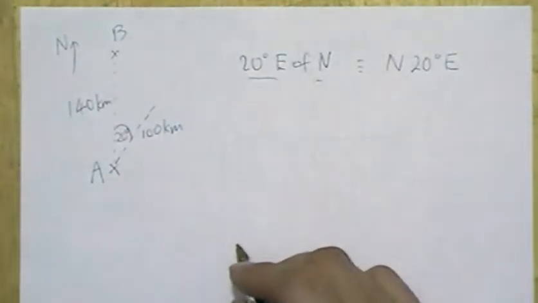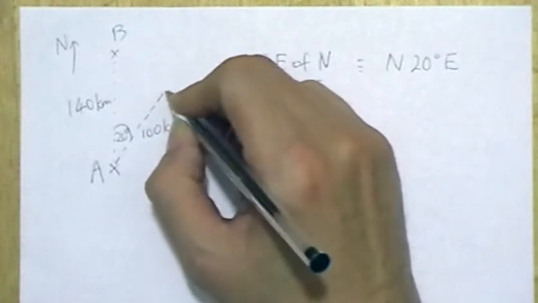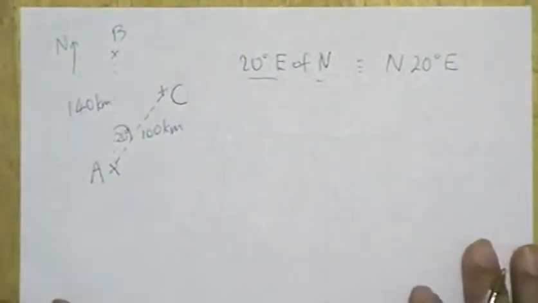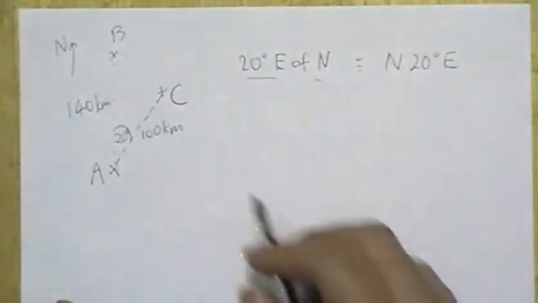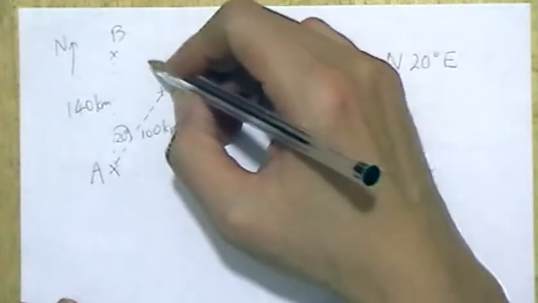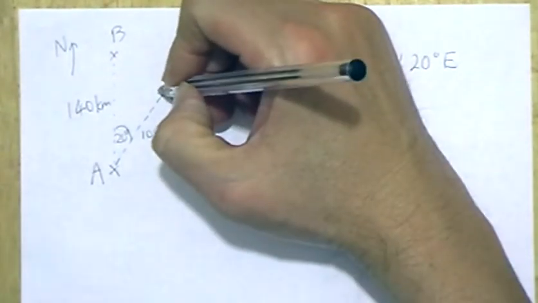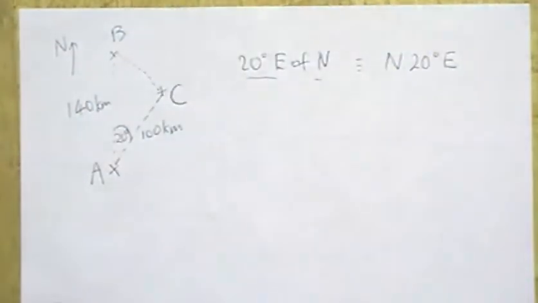So when it finally reached a certain point C, it knew that it has gone too far, of course, and then it has to now change course in order to get to B.